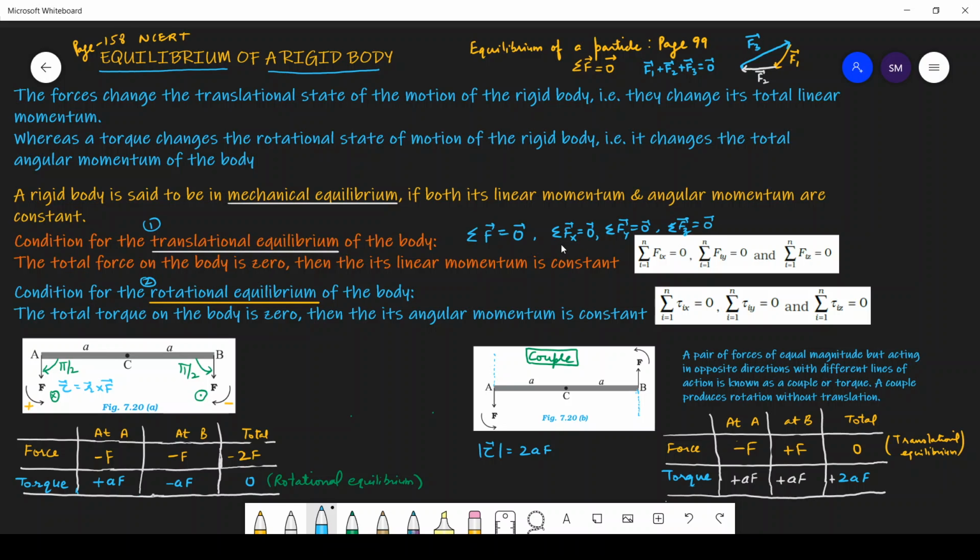Means the forces along the x-axis, y-axis and z-axis, the net resultant should be 0. This is the meaning of net external force equals 0.